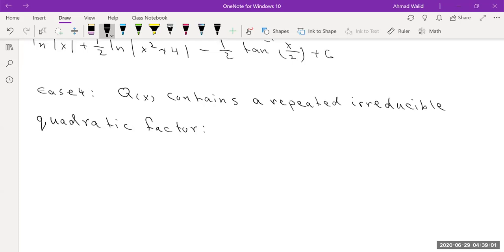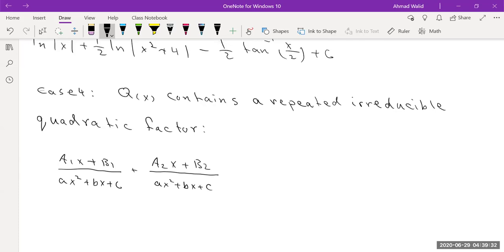It means in this case, you have to use (a1x plus b1) over (ax squared plus bx plus c), plus (a2x plus b2) over (ax squared plus bx plus c) to the power of maybe 2, plus dot dot dot, (arx plus br) over (ax squared plus bx plus c) to the power of what?